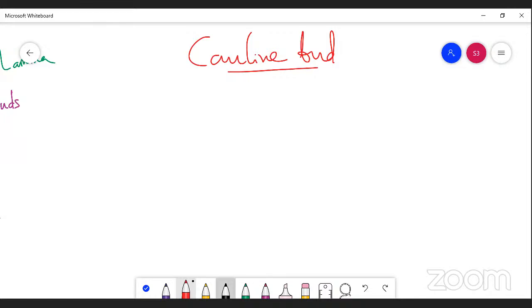Now, this is a stem portion. Directly the bud arises from the stem. That is a cauline bud.